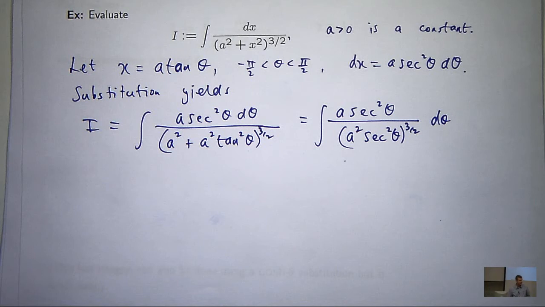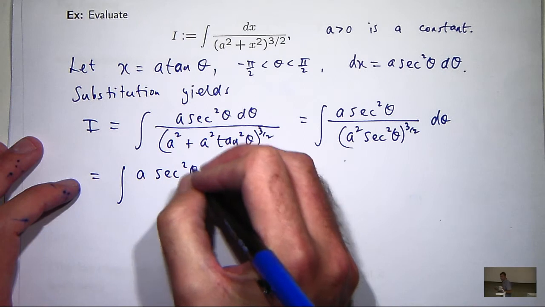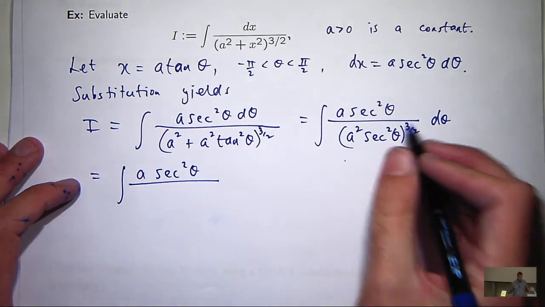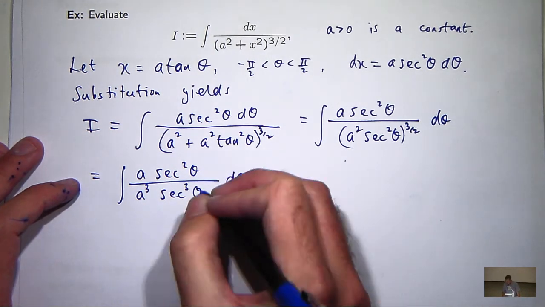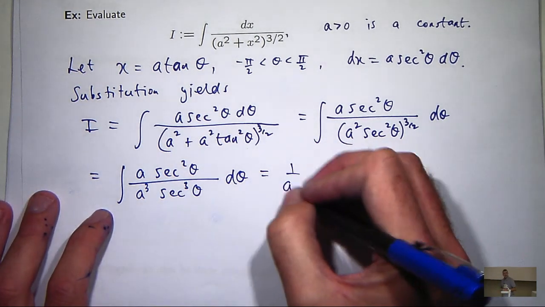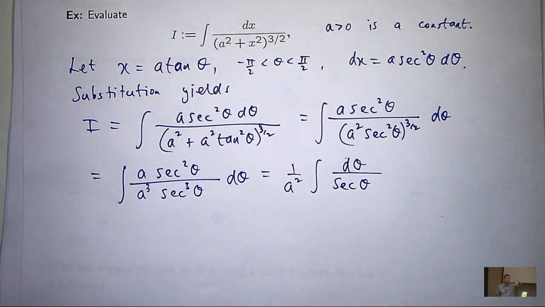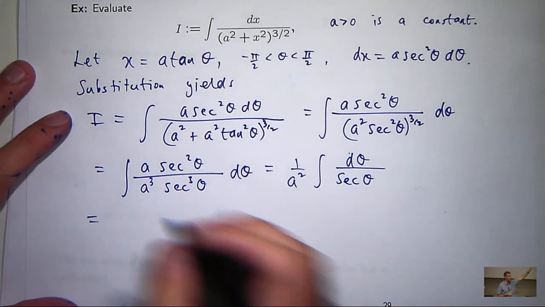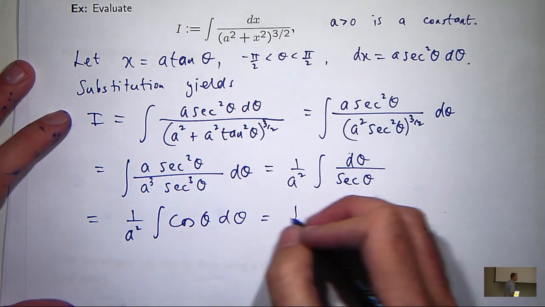But what I would like to do is get the final answer in terms not of theta, but in terms of x. We started with x's, let's finish with x's. So I can either refer back to the triangles that I showed you in the earlier slide, or I can just draw my own triangle here. Okay, x equals a tan theta. So tan theta equals x on a. So tan is opposite over adjacent.